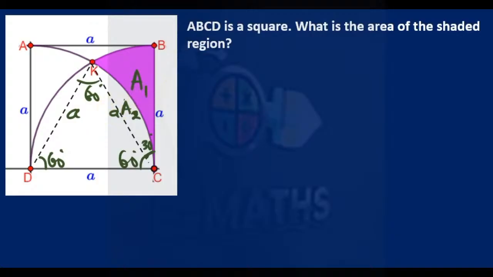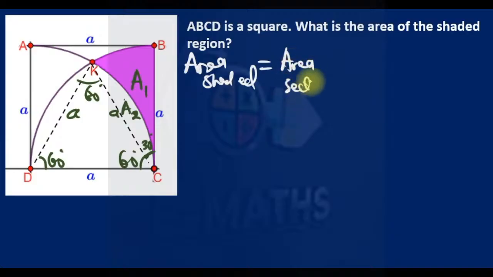So from here we can see that the area shaded is equal to the area of sector CBK minus A2. Once you subtract A2 from A1, that's it.